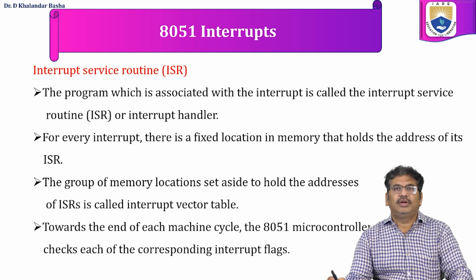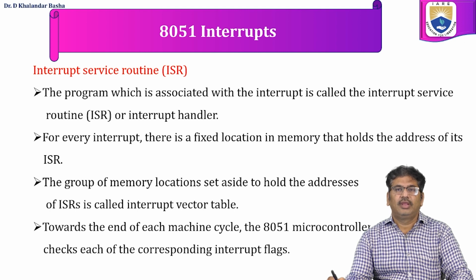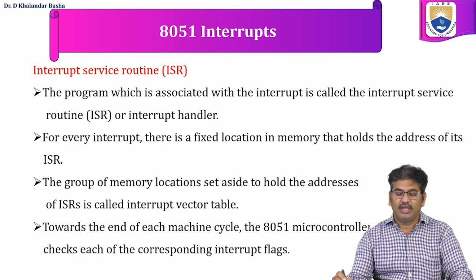ISR, Interrupt Service Routine. The program which is associated with the interrupt is called the Interrupt Service Routine, ISR, or Interrupt Handler. For every interrupt, there is a fixed location in memory that holds the address of its ISR.